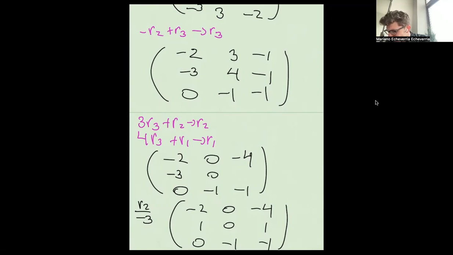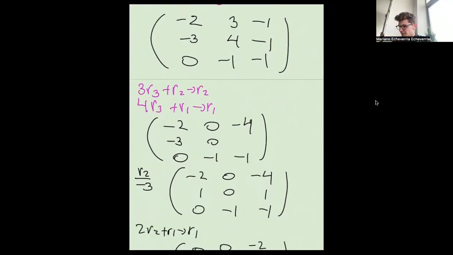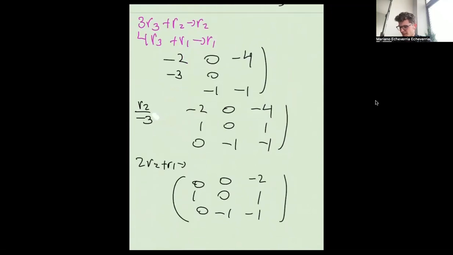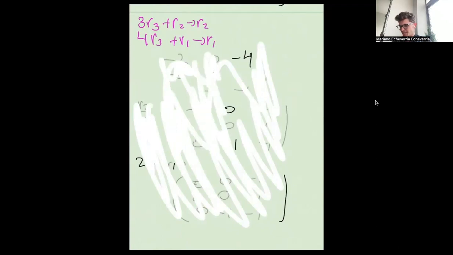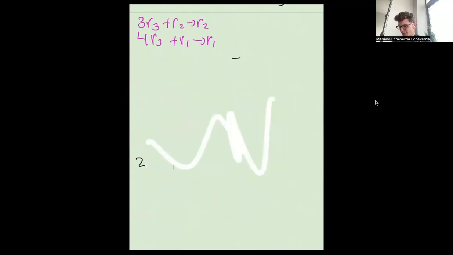So I'm doing 3 row 3, right, plus row 2. So it's minus 3 plus row 2. It becomes, oh, okay. I see what's happening. This is why you have to be careful when you reduce these things. Like now I made a mess. Sorry about that.